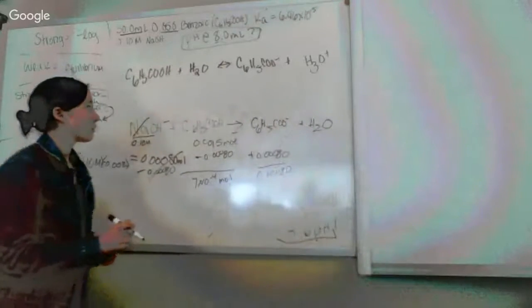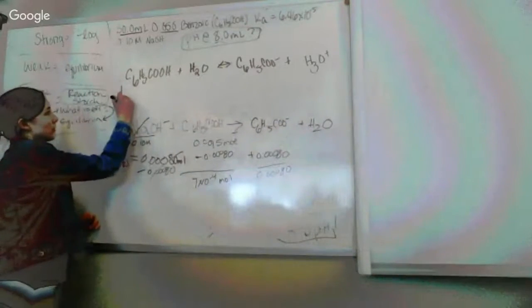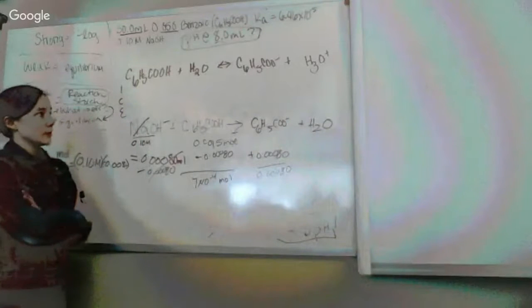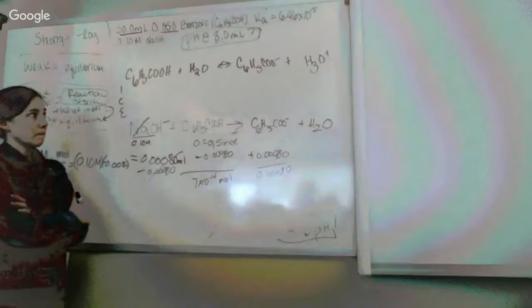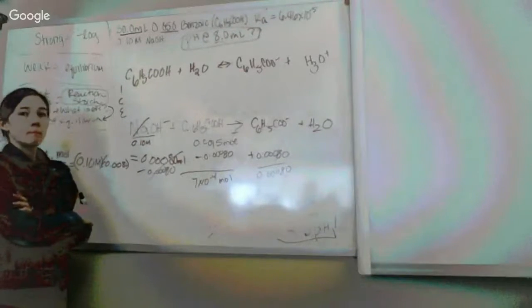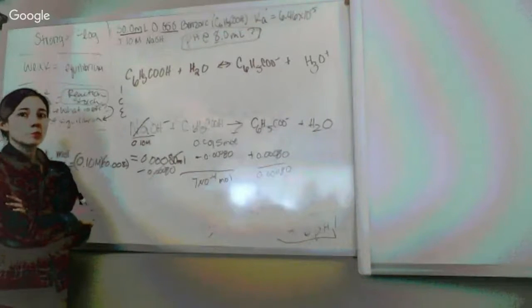Kelsey, you look like you have a question. I don't get why C6H5COO negative is on the right side. I get why you move the weak acid to the left, but I don't know why it's a product. So is it just more of it being made? Mm-hmm.